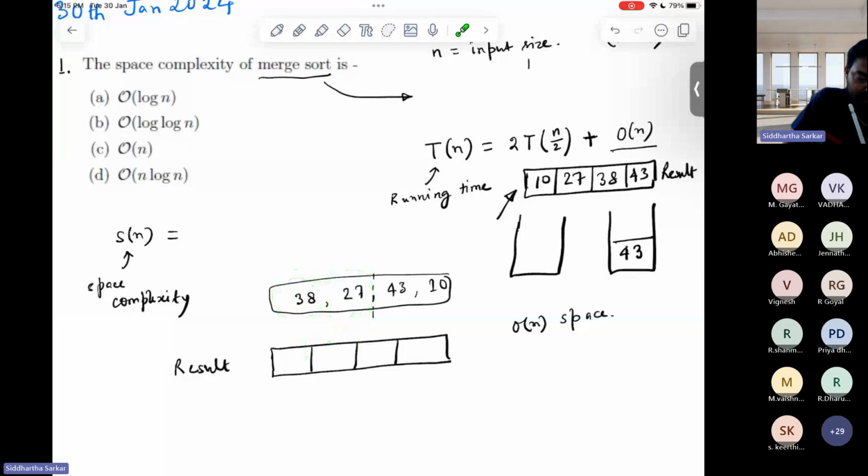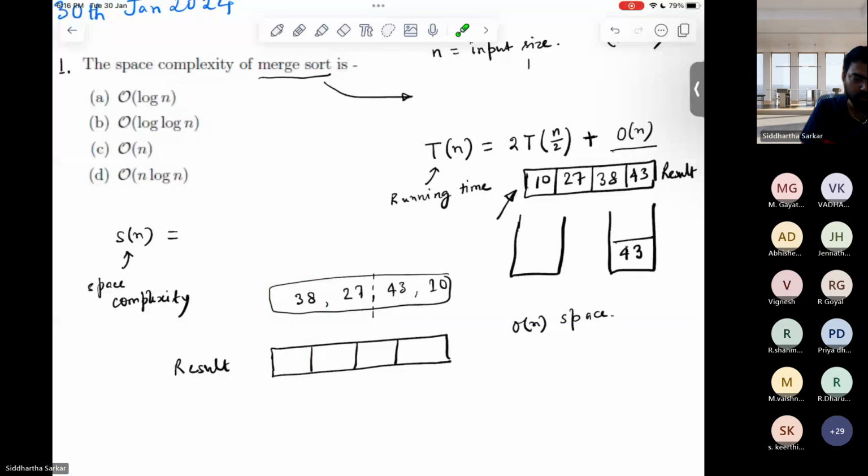And then we're asking, what is the sorted order of one element? So the sorted order of one element is that element itself, right? There is nothing to compare. So merge sort will keep on calling itself recursively and dividing into smaller and smaller subproblems till a subproblem of size 1 is hit. That means one element is remaining in the subproblem.